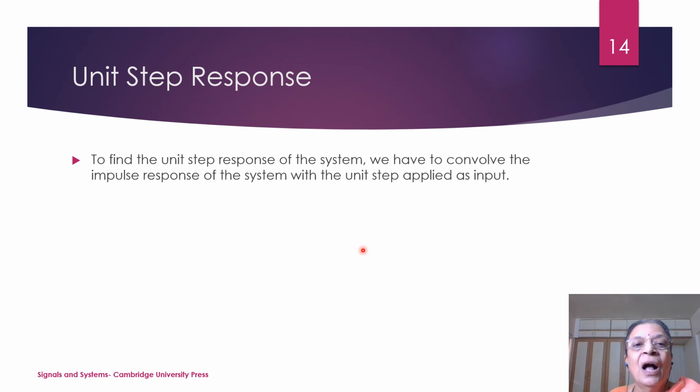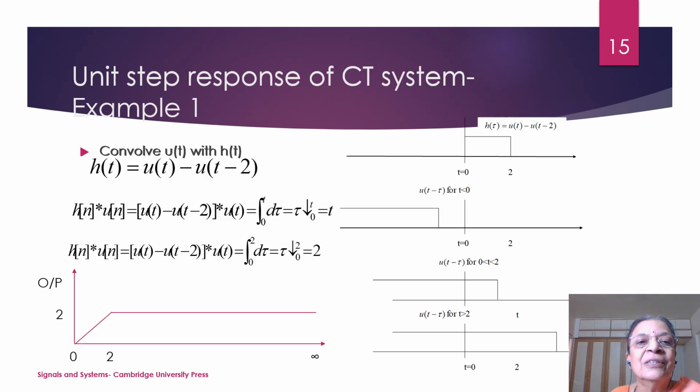Now consider how we can find out the unit step response. Unit step response means the input will be unit step, and then we have to convolve the impulse response of the system with the unit step which is applied as input. Let us consider continuous time systems first.